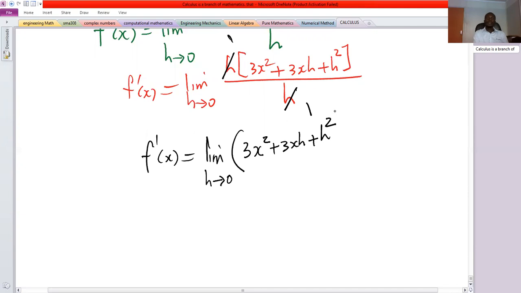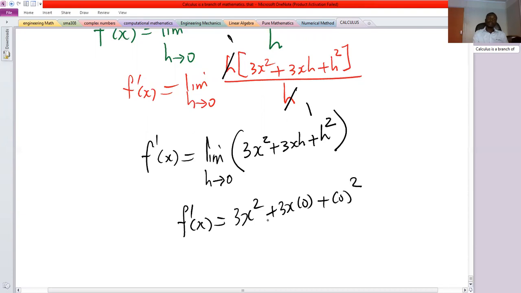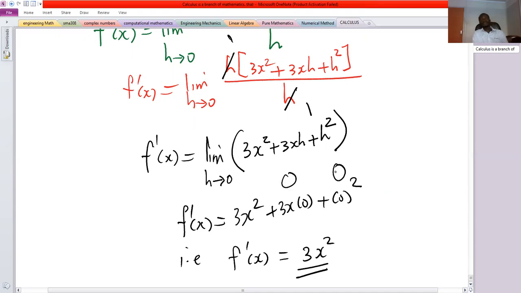Now direct substitution will help you to get the answer. So 3x squared plus 3x times 0 plus 0 squared. So f prime of x is 3x squared, because this will be 0, this will also be 0.